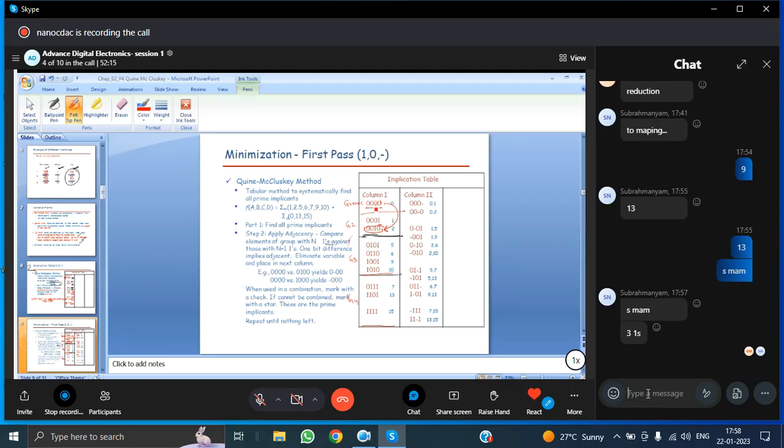Where is the variation? At this bit there is a variation. So here where the variation is there, I am putting the dash. This is the comparison between 0 and 2. Okay, so I have compared this 0 with 1 and also this 0 with 2. Okay, group 1 to group 2 comparison is over.